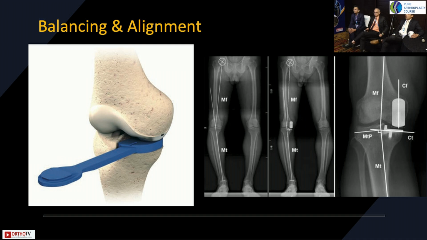Sometimes you tend to have slightly excessive varus, which is not beyond the indication level, so you can bring it down, but don't correct it completely. You can come down to 3-4 degrees of varus. Even a neutral will put the lateral compartment at risk. So what we are trying to emphasize is once you go from that varus to neutral or valgus, you start loading the lateral compartment and the patient can have progression of arthritis and come in with a failure in 4-5 years.